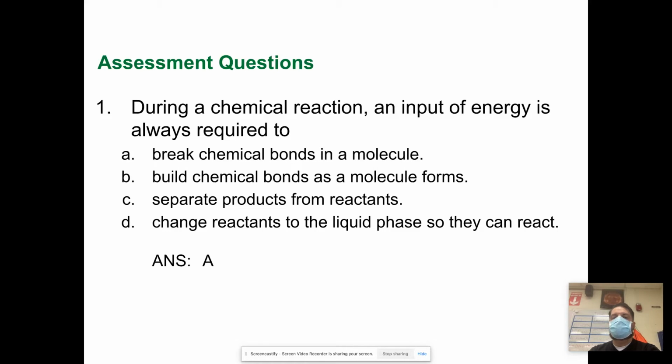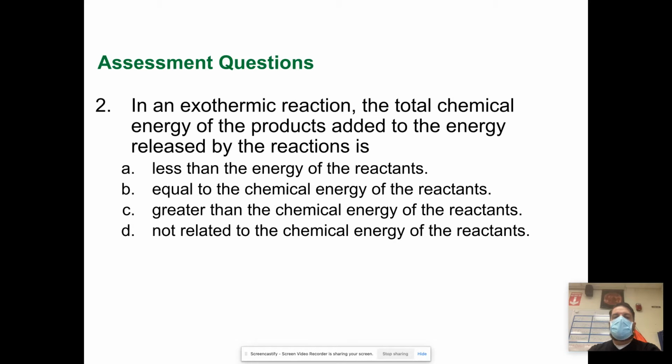In an exothermic reaction, the total chemical energy of the products added to the energy released by the reaction is: A, less than the energy of the reactants; B, equal to the chemical energy of the reactants; C, greater than the chemical energy of the reactants; or D, not related to the chemical energy of the reactants. What do you guys think that one was? It's B, equal to the chemical energy of the reactants.